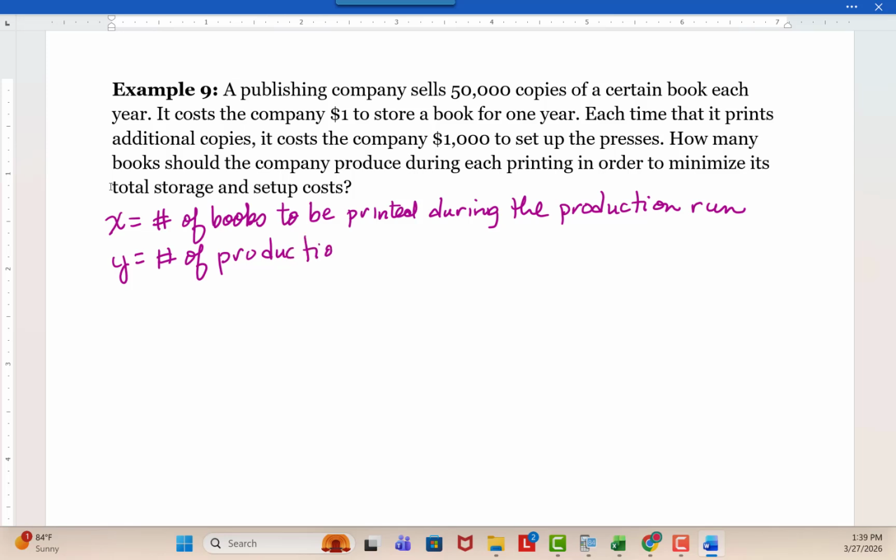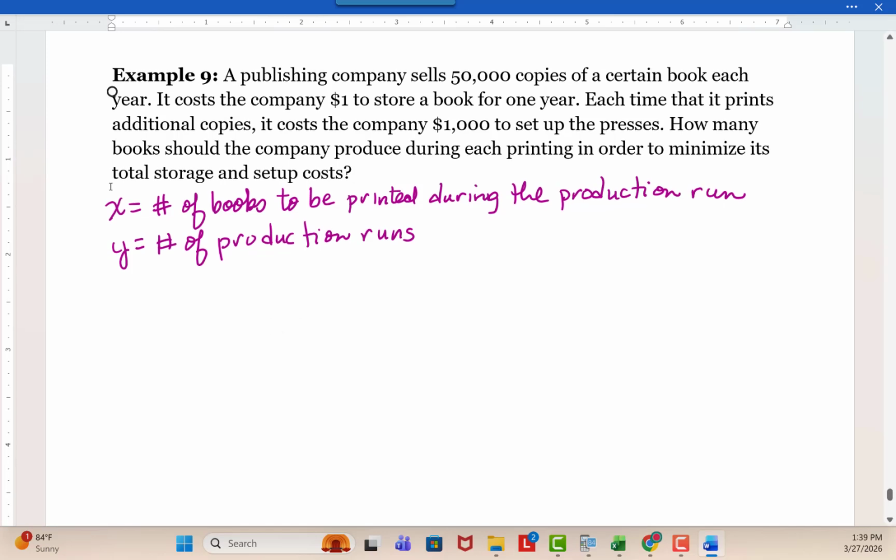And y is always going to be that, the number of production runs. And x is the number of items to be produced during the production run. When we do this, x times y has to meet our need for the year. By having x books printed per production run and y production runs, at the end of the year we would have produced a total of 50,000 books.